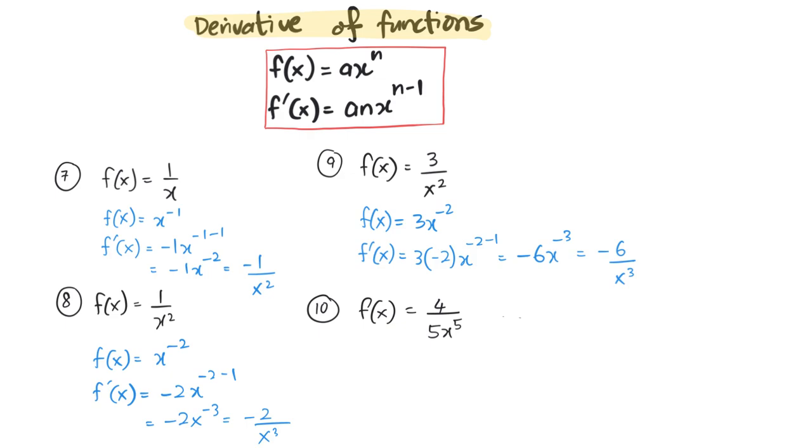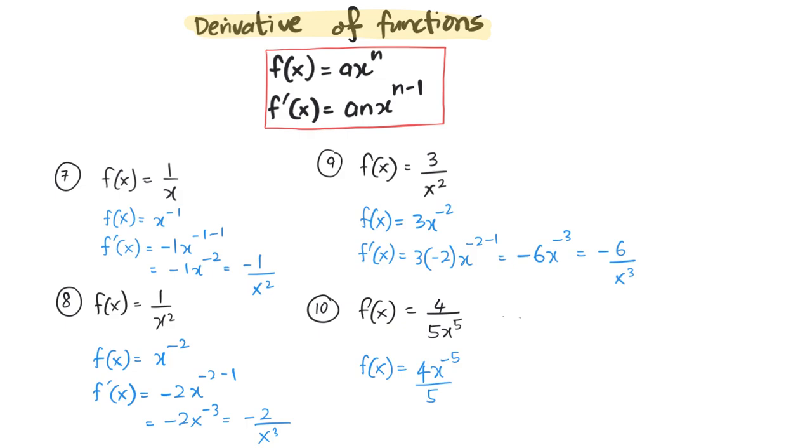Okay, last question, number 10. So we have 5 at the denominator and x power 5. We can only bring x up, 5 will stay. So that will be f(x) equals 4x to the power negative 5 over 5. Okay, differentiate it.